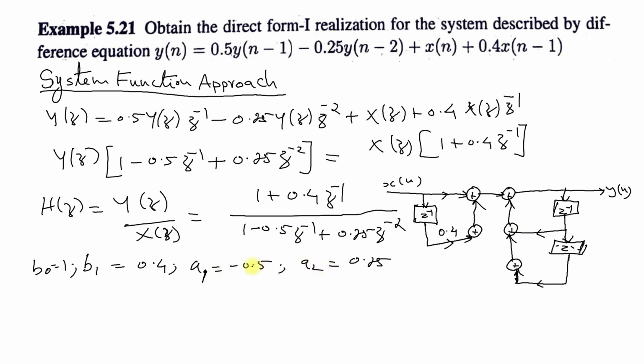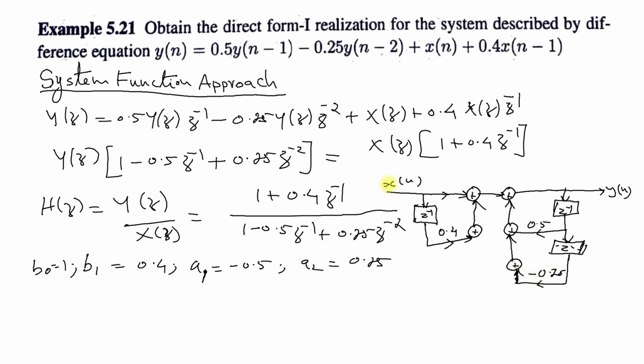Here a1 equals minus 0.5, so here you have to give plus 0.5, and here we have to give the negative of the coefficients as per the standard notation. So when we are directly using the difference equation, the coefficients we can give directly, whereas in the system function mode you have to give the negative values of the coefficients.